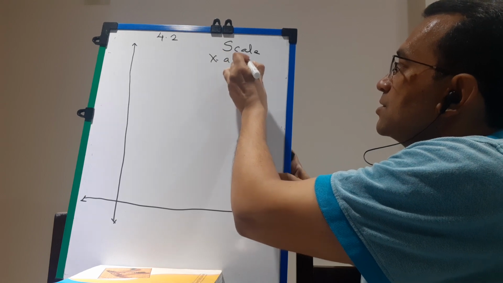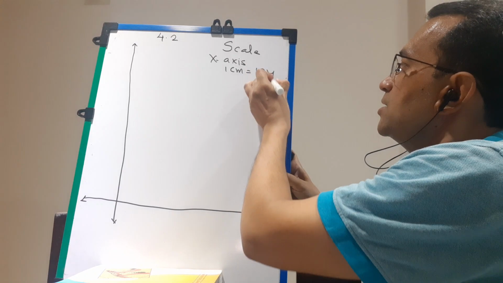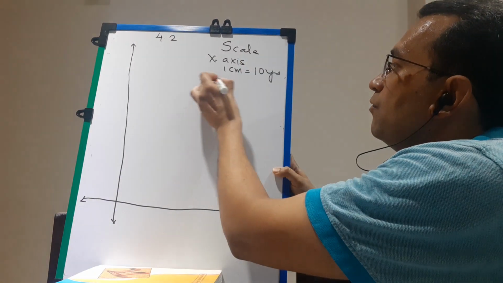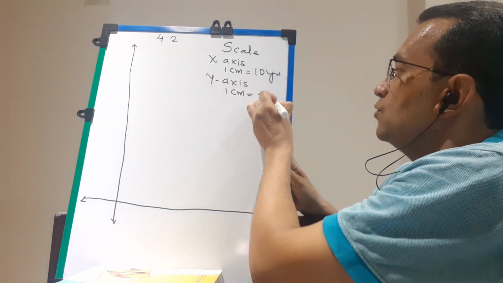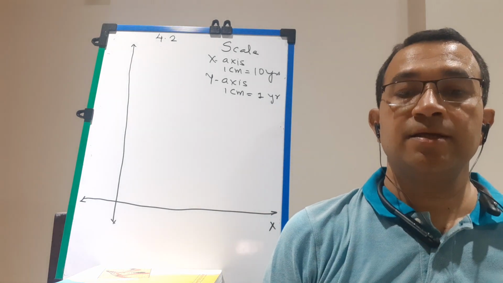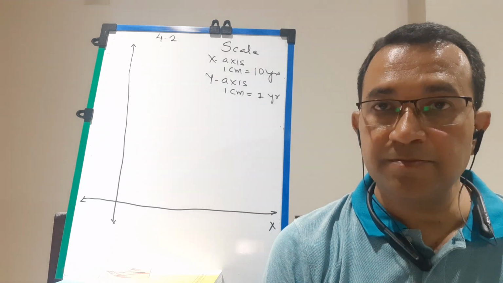X-axis: 1 centimeter is equal to 10 years because the gap between two time periods is 10 years. Y-axis: 1 centimeter is equal to 1 year, because that will be one of the most advisable and prominent scales.